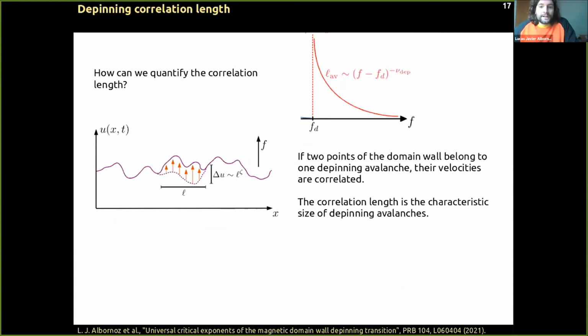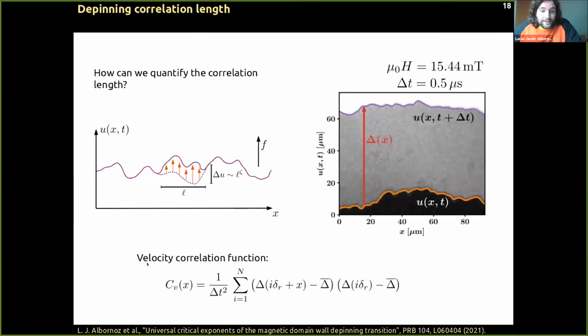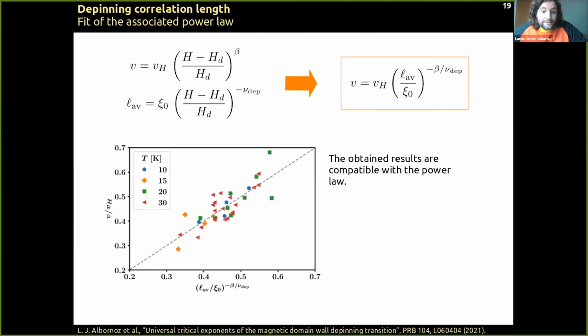In order to do this, what we do is compute the velocity correlation function, considering that the velocity of two points in the domain wall is correlated only if their movement is done via the same avalanche events.